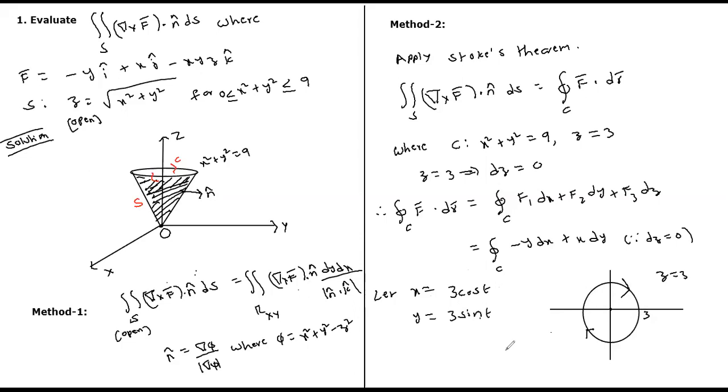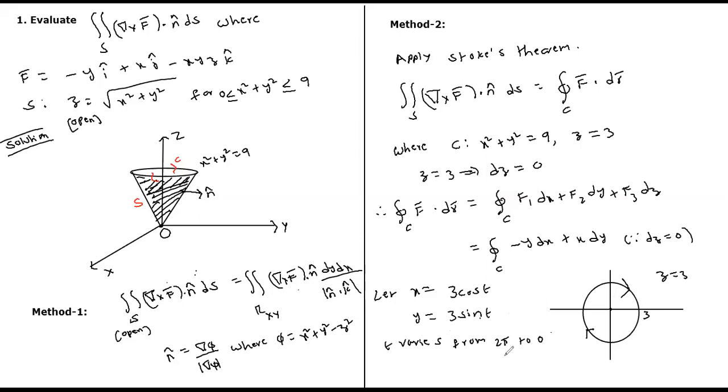And how is t varying? Tell me. Should I write 0 to 2 pi? If I write 0 to 2 pi, the orientation will be anti-clockwise. But our orientation is clockwise. So what should I write here? 2 pi to 0.